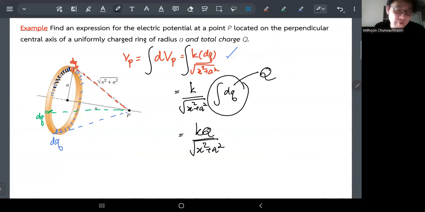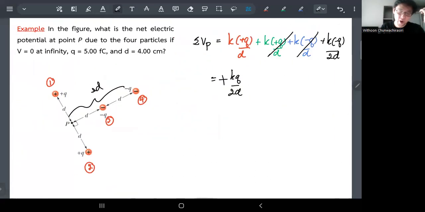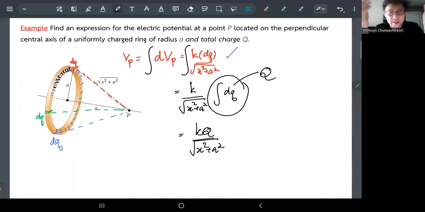Of course, I approached this problem using a little bit of calculus setup. But for those of you already familiar with the previous problems, you probably have already noticed it's the same kind of problem. Point P is at the same distance from all the charges on this ring. No matter which piece of the charge on the ring you are interested in, they are all at the same distance from point P, which is the square root of x squared plus a squared.